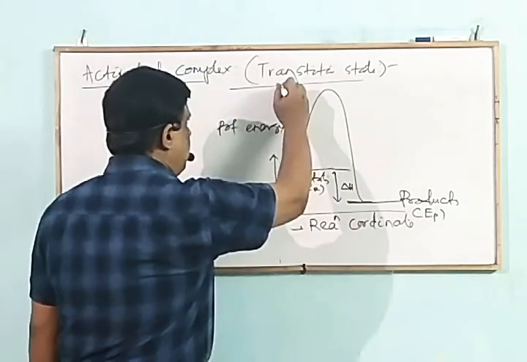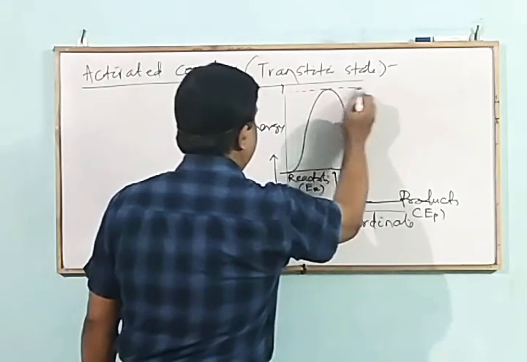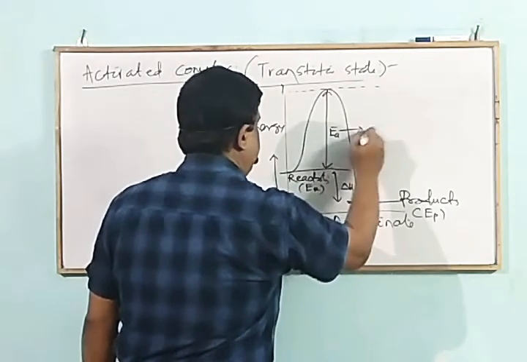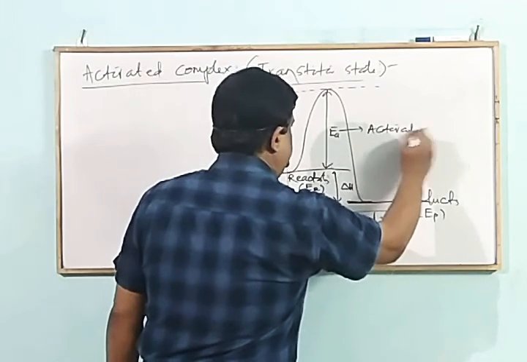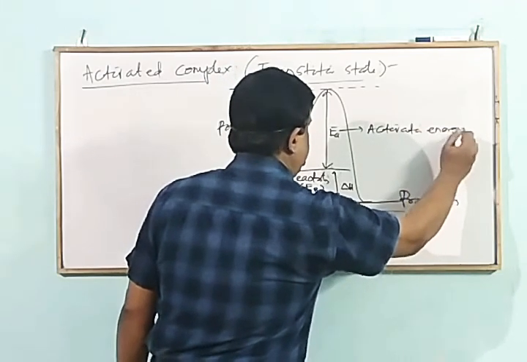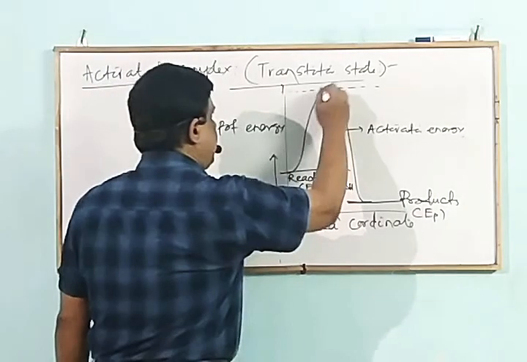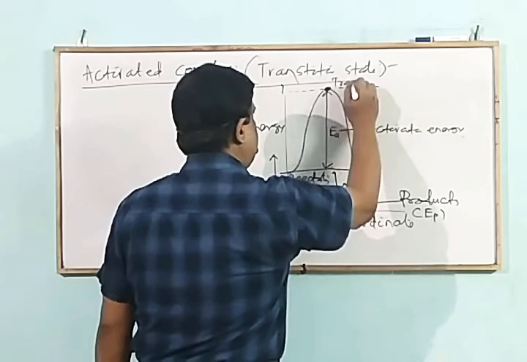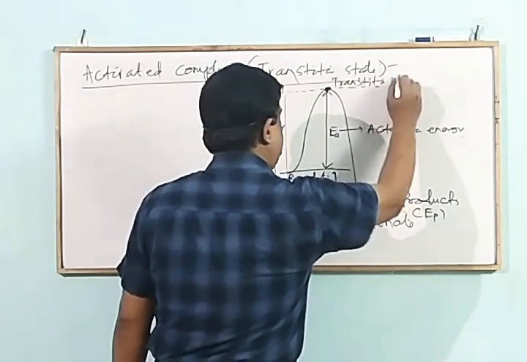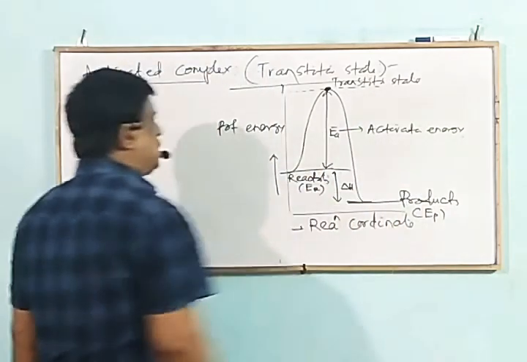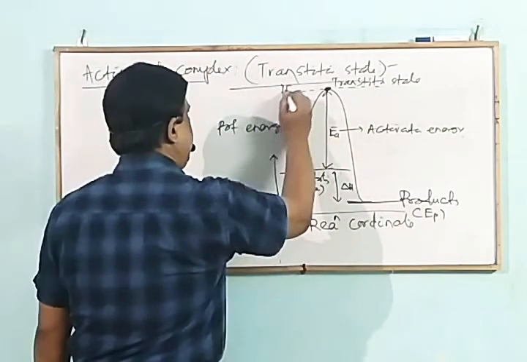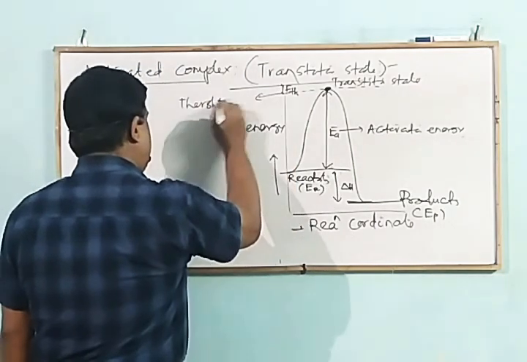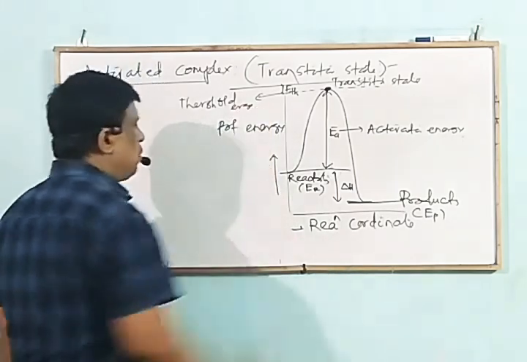This barrier is known as EA, meaning activation energy. Mark that. This state is known as the transition state, having maximum energy, known as ETH. ETH means threshold energy. So mark that.